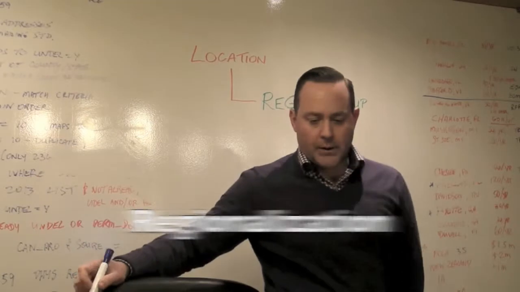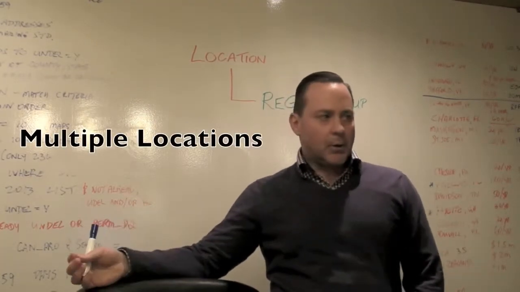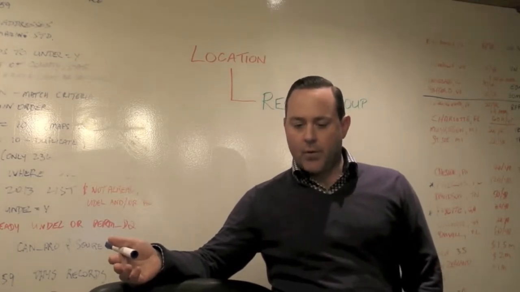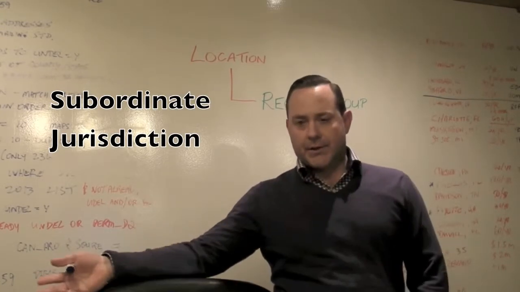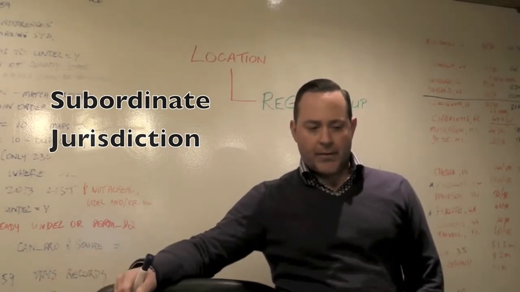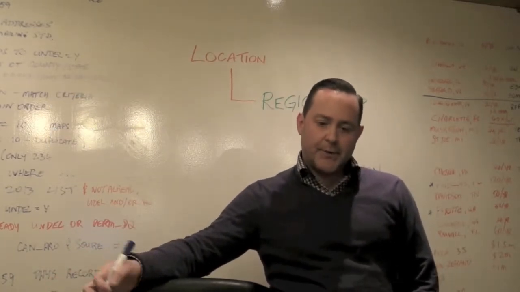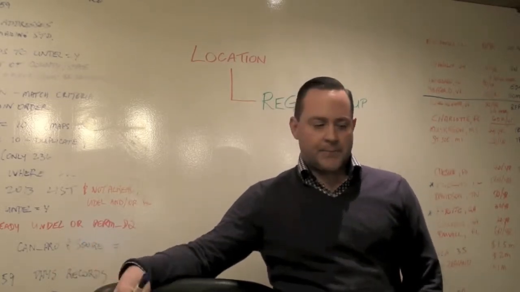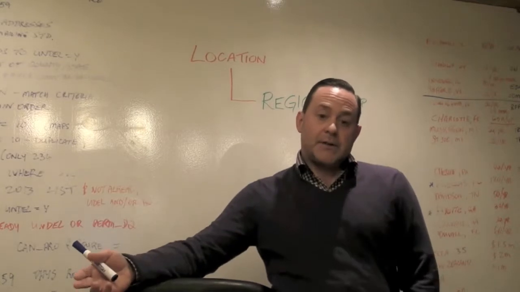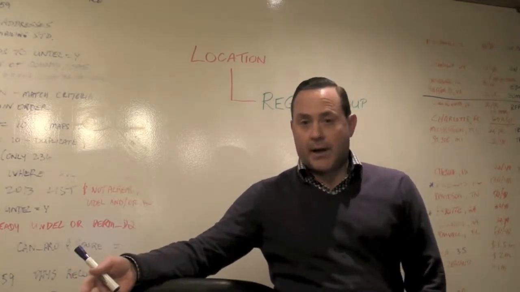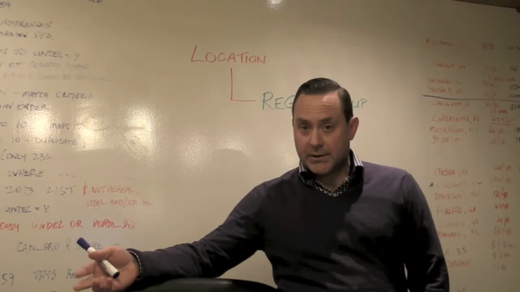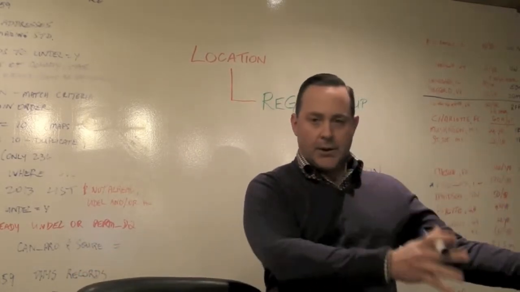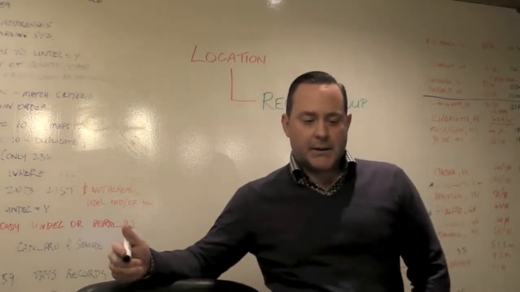For those courts that have multiple locations or perhaps have to create pools for a subordinate jurisdiction within their area, say a county court creating pools for municipal courts, one of the things you have to do is segregate the records in the source list so that you can just pick jurors that belong to that location or that municipality, as the case may be.